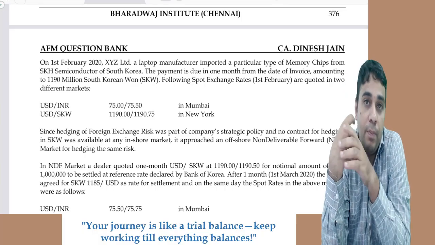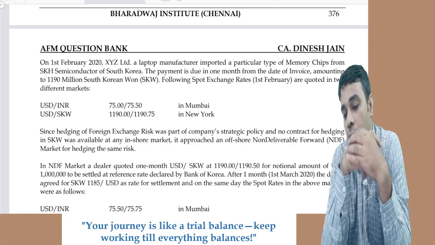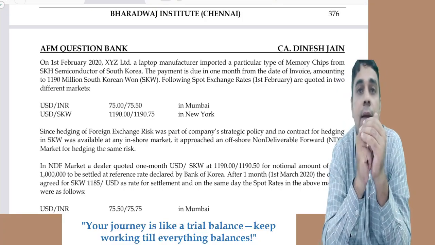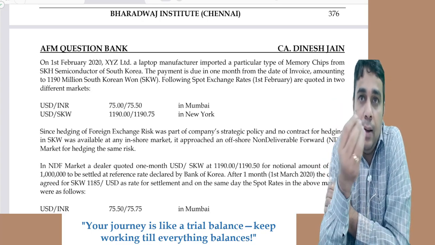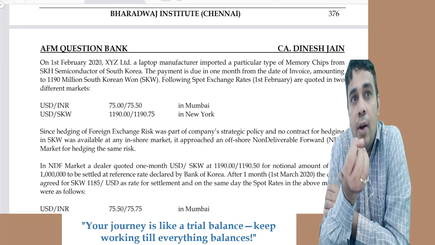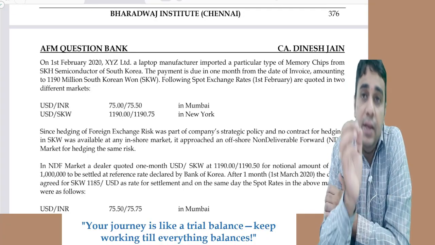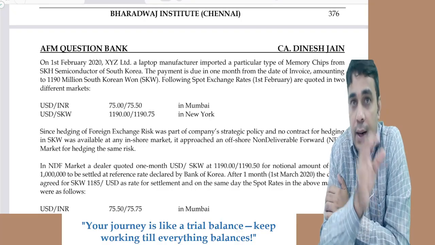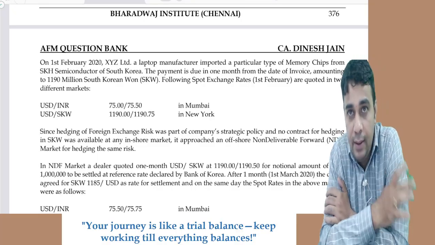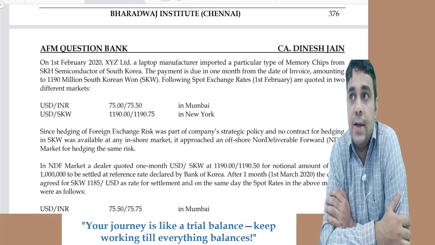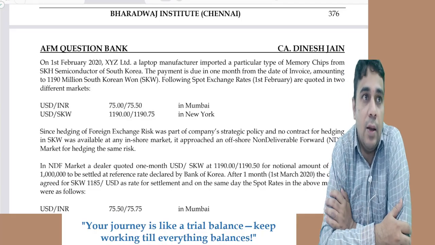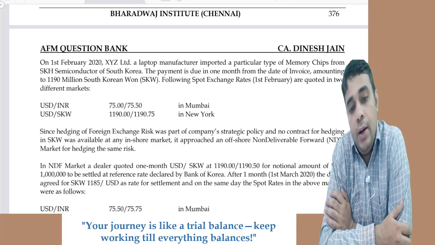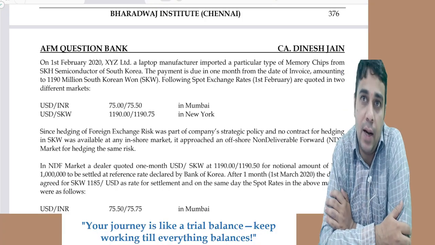non-deliverable forward market. In a normal forward contract, I will pay the money and get the dollars. Here, on the last day, in a non-deliverable forward contract, net settlement will happen. Net settlement means you calculate the profit or loss, the profit or loss will come to you, and you pay as per the spot rate.